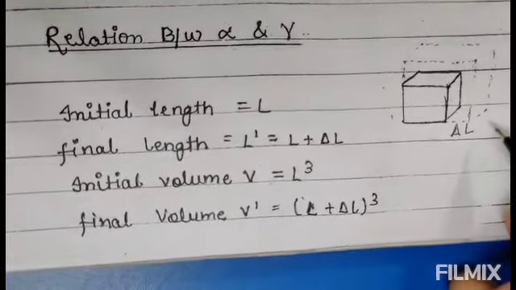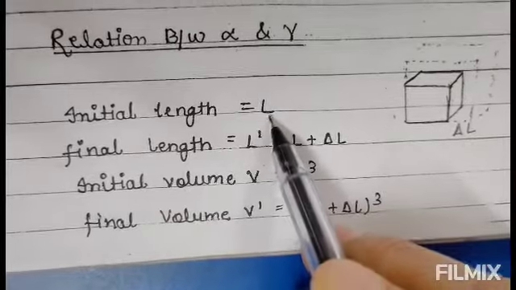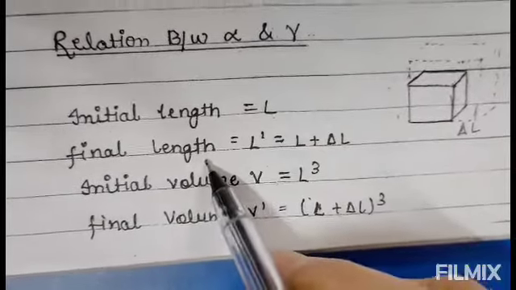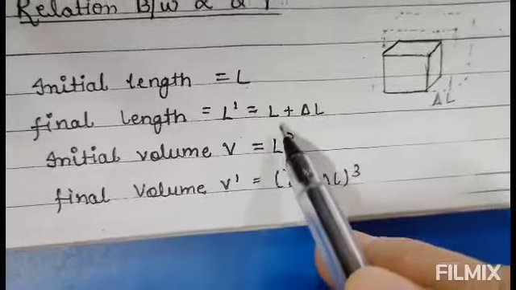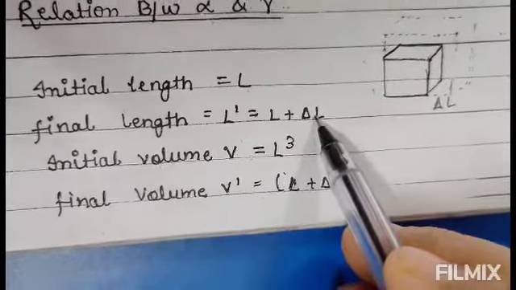Suppose the increment in each is del L. The initial length is L and the final length will become L dash, which is equal to L plus del L.